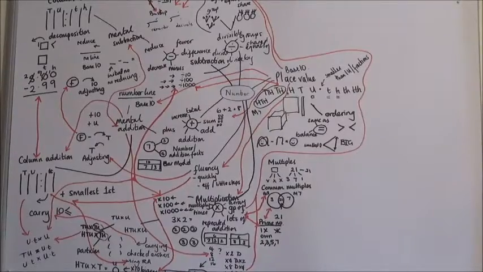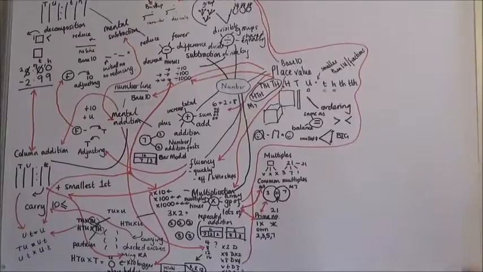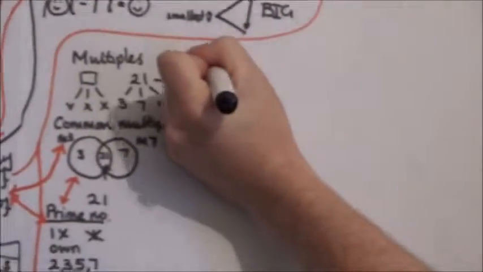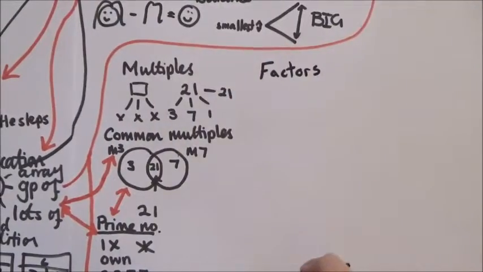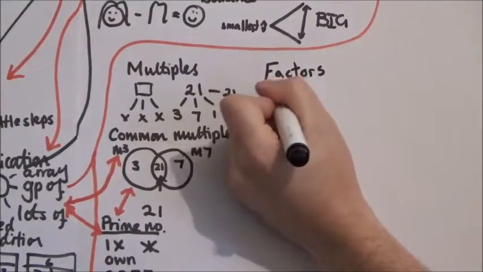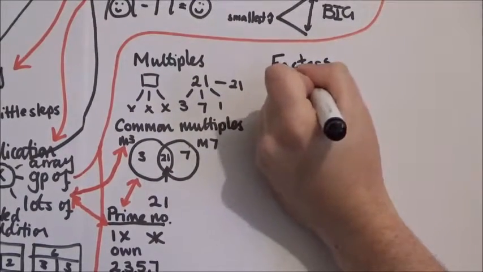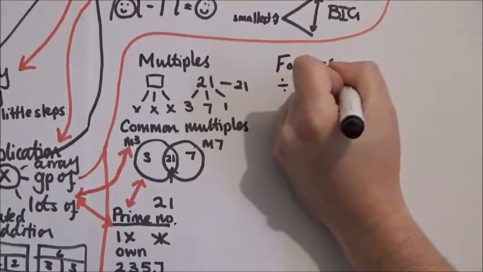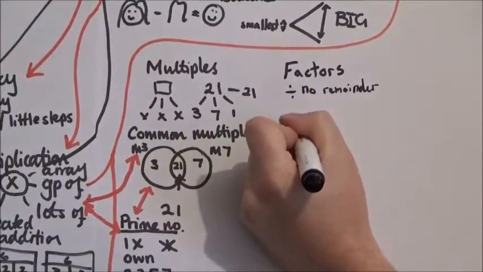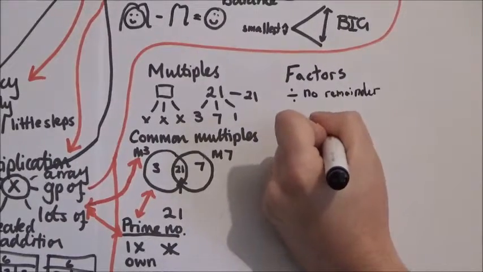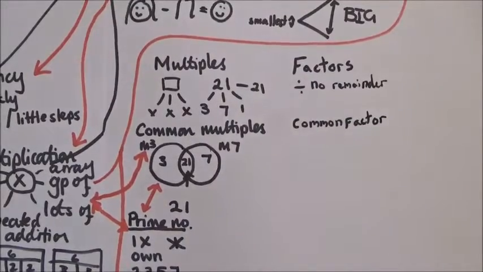Okay, let's put our newfound knowledge of factors onto our number mind map. So we're going to add it here for ease by multiples. So we have our factors, and if you remember, our factors are something that's divisible but with no remainder. And then with that I could find a common factor, which are factors for 2 different numbers.